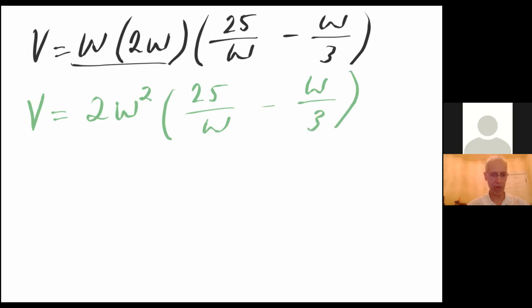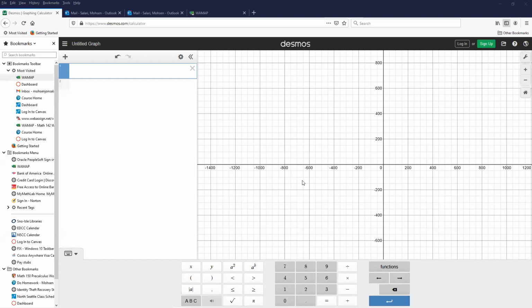I have to disengage my iPad. So let me go to here in Desmos, and I'm going to be plugging this in. In Desmos, it's easier for me to use x instead of w.